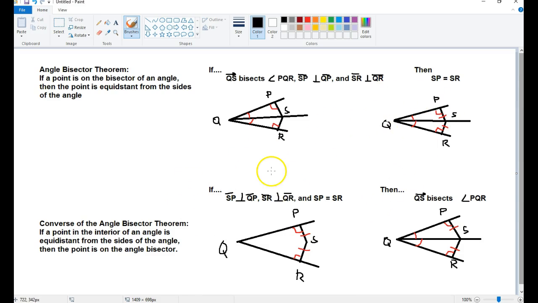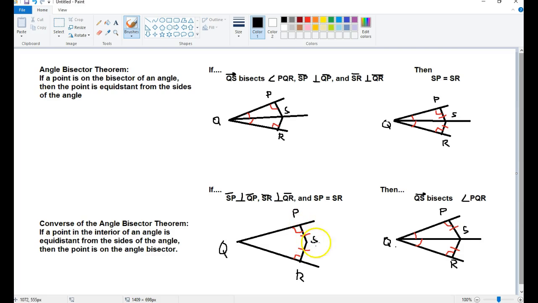Then for the converse, we're given a point that's on the interior of the angle. That means on the inside part of the angle. And we're told that SP and QP are perpendicular, SR and QR are perpendicular, and that SR and SP are the same length.